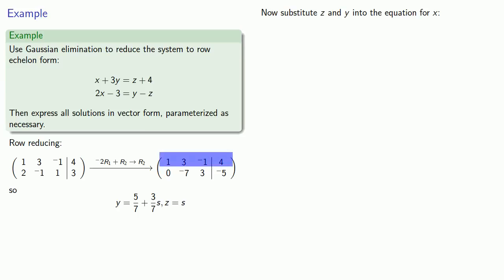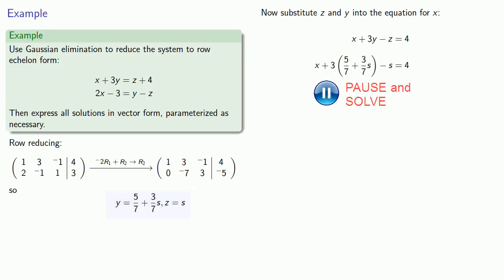Our first row corresponds to the equation x plus 3y plus negative 1z equal to 4. Substituting in our values for y and z gives us an equation, and solving this equation for x gives us x equals 13/7 minus 2/7 s.